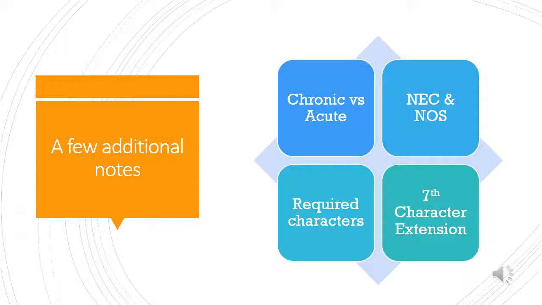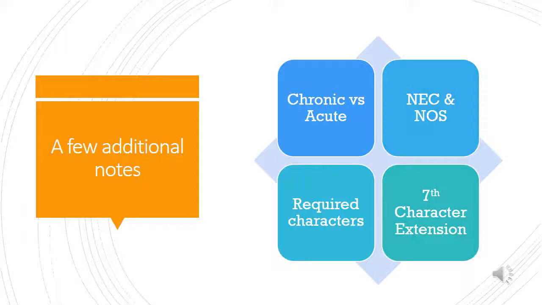NEC stands for Not Elsewhere Classified, which means no code exactly matches the condition. NOS means Not Otherwise Specified, referring to the medical documentation not providing further specific information, such as if an injury is on the right side or the left side.